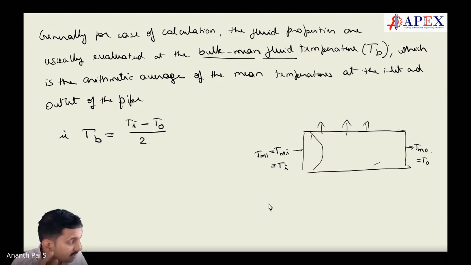For pipe convection problems it has come very little, one or two, one on bulk mean temperature calculation. But LMTD, heat exchanger design, has come a lot. Almost every two question papers, one question will be there. So heat exchangers are very important.